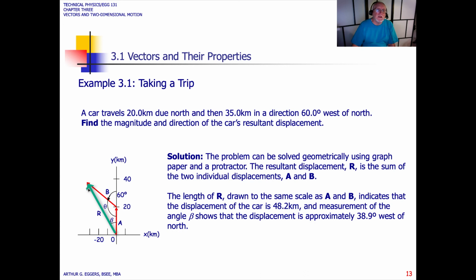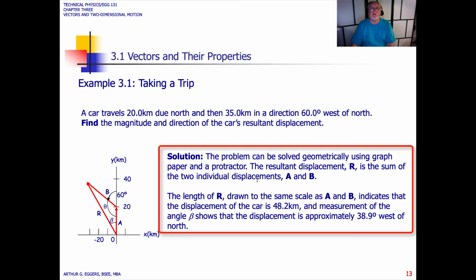This is your net displacement, or your real distance traveled, A and B. So the problem can be solved geometrically using graph paper and a protractor. The resultant displacement becomes R over here. So you can see it's going to be in the negative direction on the X or horizontal axis. The resultant displacement is the sum of the two individual displacements A and B.